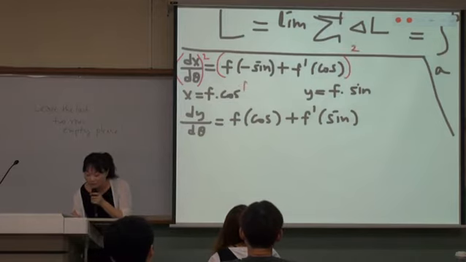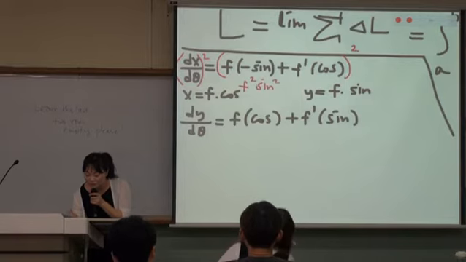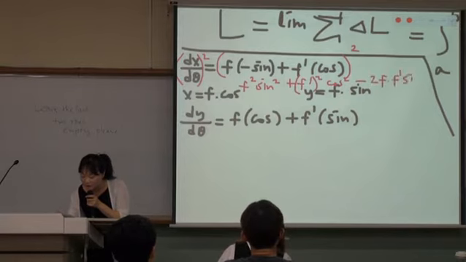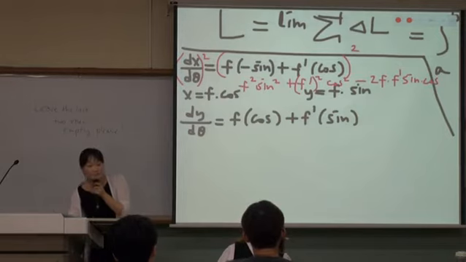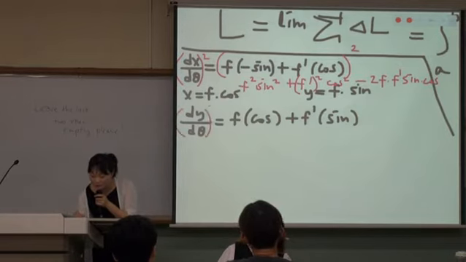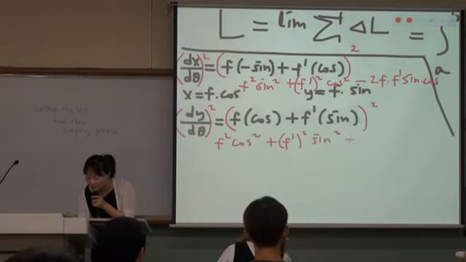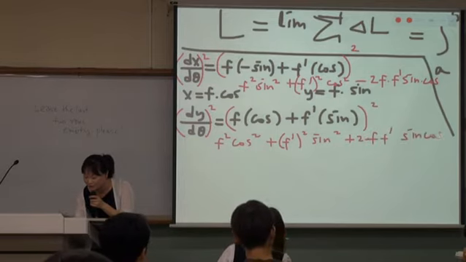Then we get f squared sine squared plus f prime squared cosine squared minus 2f prime sine cosine. Is that right? Okay. So dy d theta squared: let's square it. Then we get f squared cosine squared plus f prime squared sine squared plus 2f prime sine cosine.